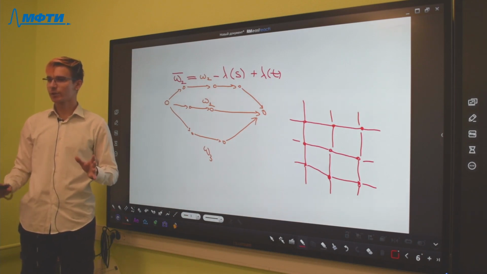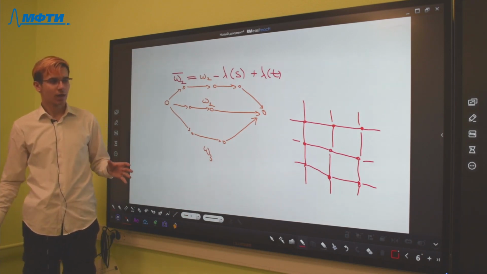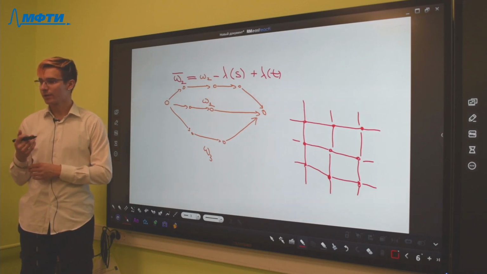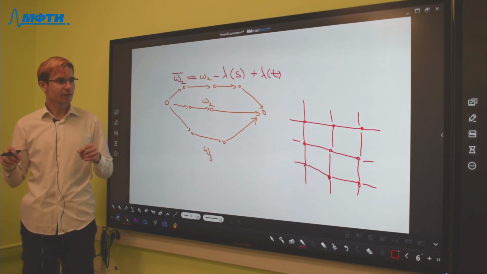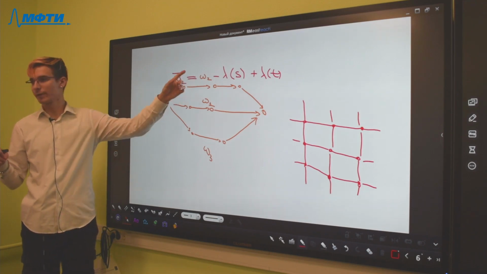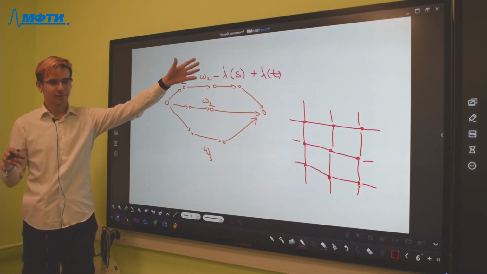The potential function you get from outside your algorithm, and in the algorithm you assume that you already have the potential function.